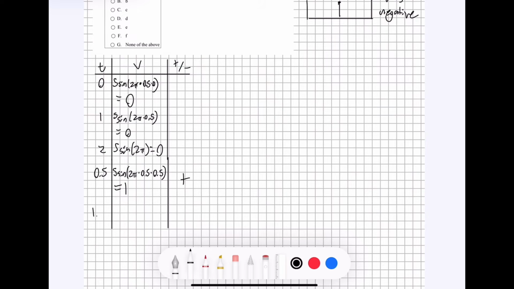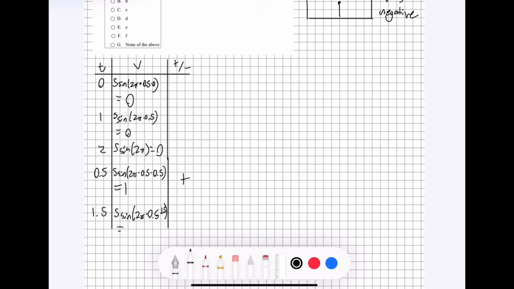All right, let's try 1.5 because it's in between 1 and 2. 5 sine 2 pi times 0.5 times 1.5. That is essentially going to be the same as 1.5 times pi inside of the sine function.